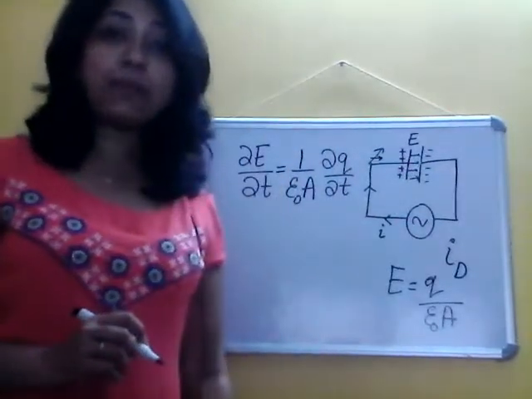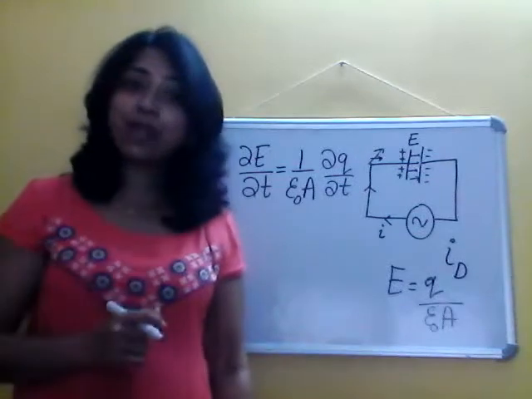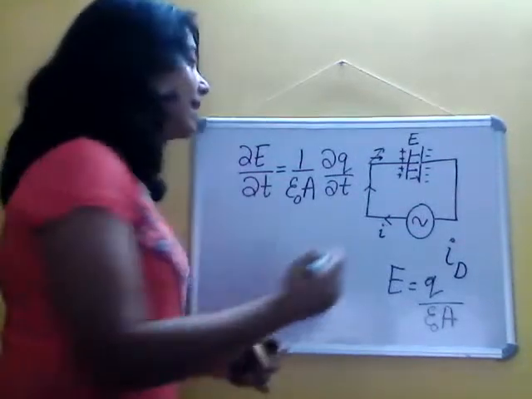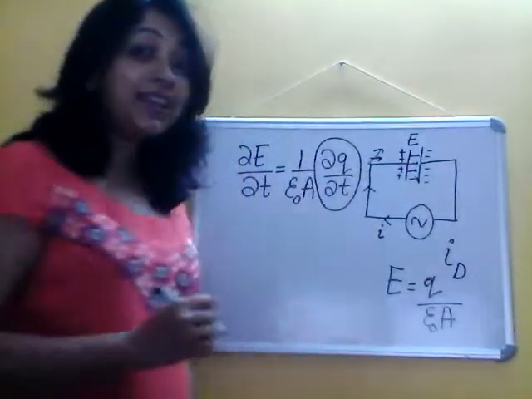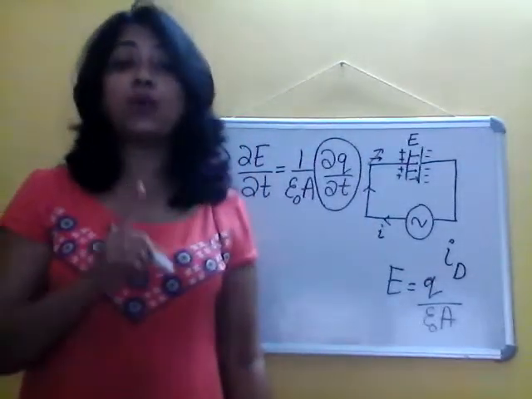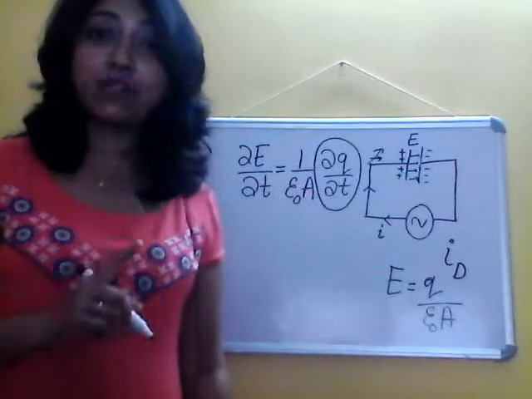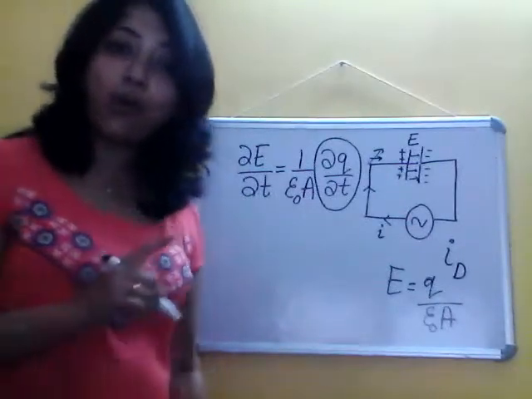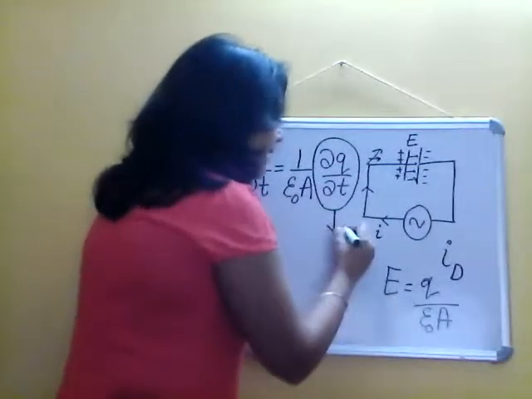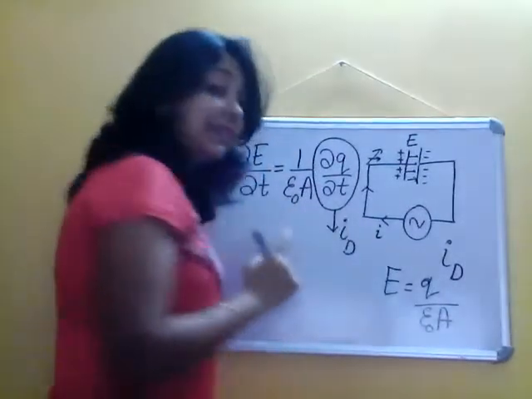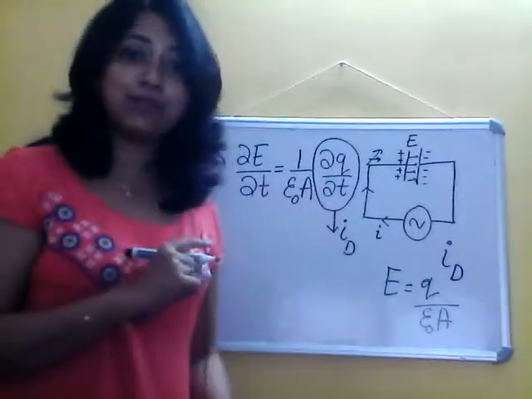So ∂E/∂t is 1/(ε₀A) ∂Q/∂t, and this ∂Q/∂t over here is the one which was identified by Maxwell as the so-called displacement current. He told us that this value is our displacement current.